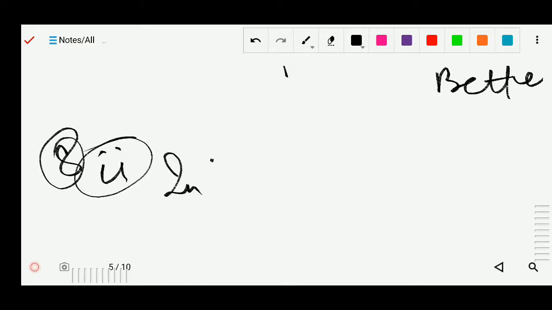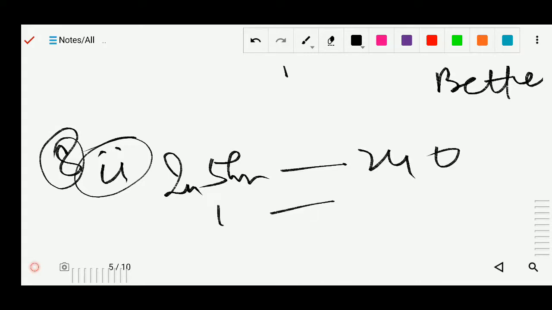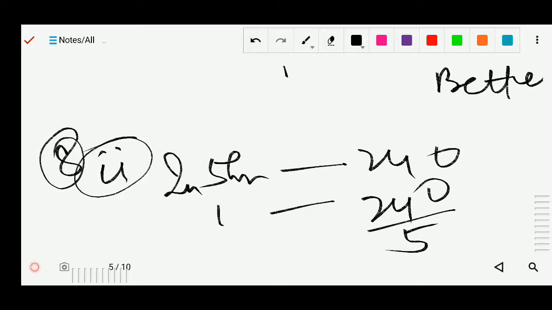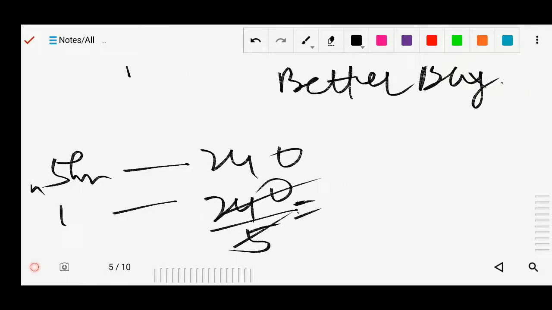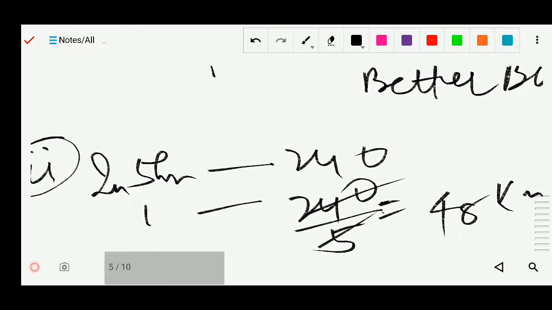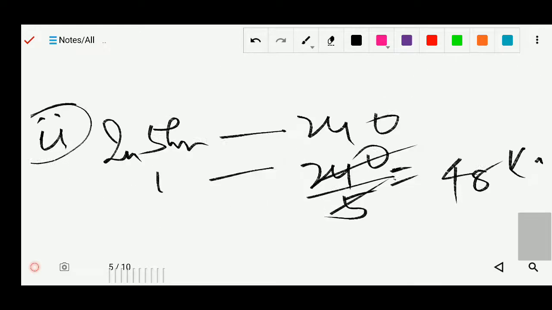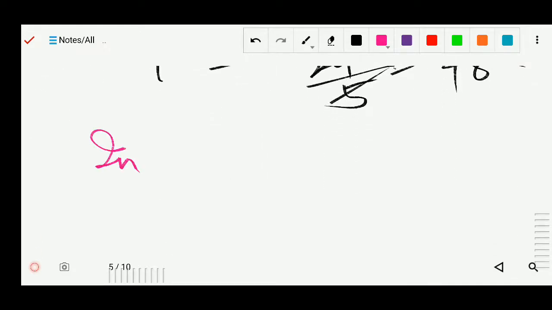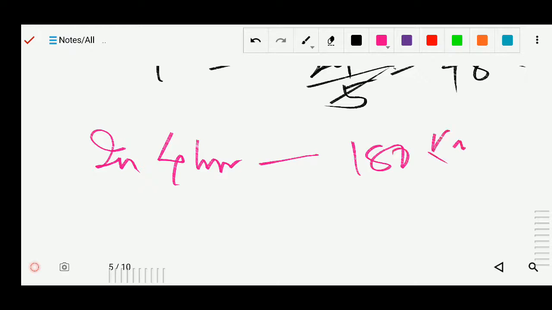In 5 hours it travels 240 kilometers. So in one hour it will be 240 divided by 5. When you divide it you will get 48 actually. So 48 kilometers. In the second case it is given in 4 hours 180 kilometers is traveled.